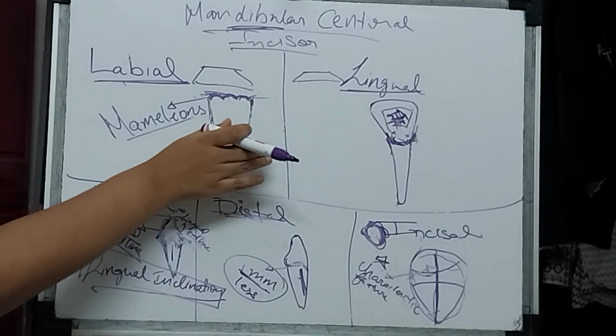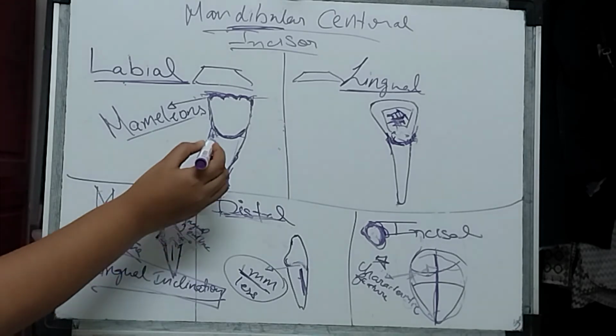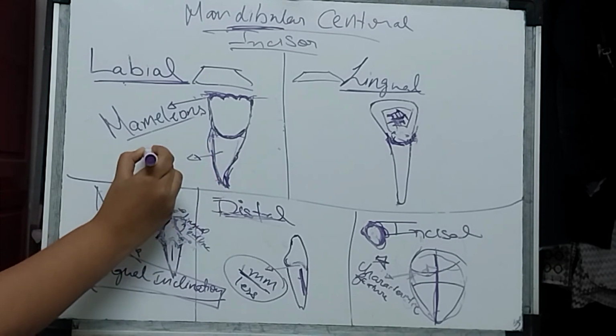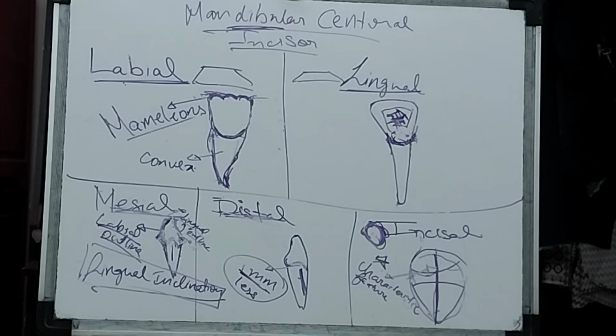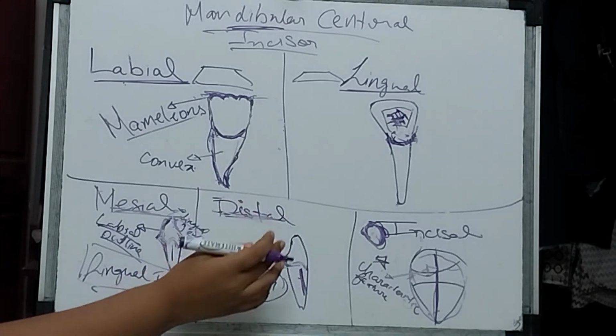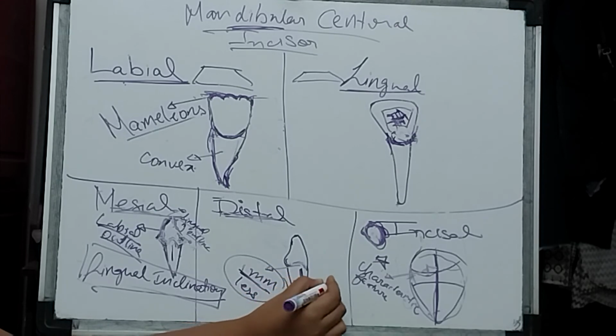So it will be bulged. It'll be curved. So the mesiodistal root is convex. And over here labiolingually, the root is flattened.